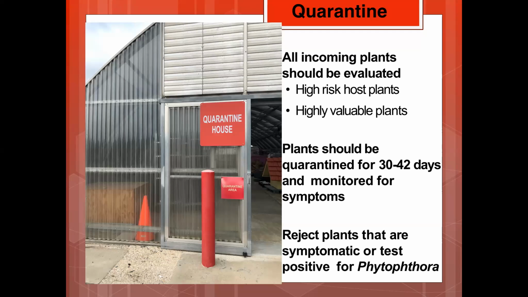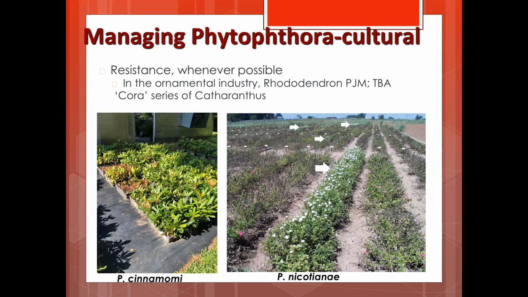Cultural, this gets to be a little more interesting because we don't have Phytophthora ramorum resistant plants, but we do have plants that are being screened for Phytophthora resistance. Whether it's the Cora series of Vinca being produced by Syngenta Seeds, and you can see some of the parents over here doing so much better than everyone else.